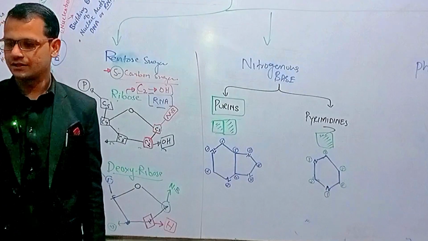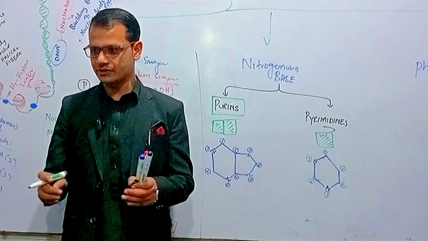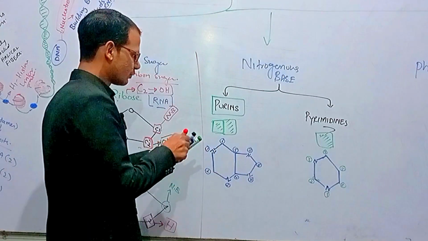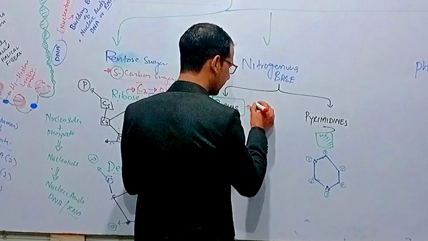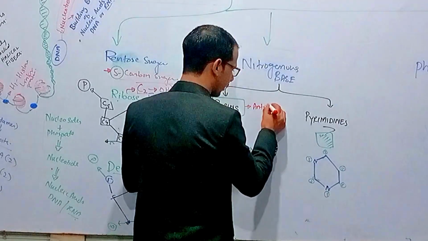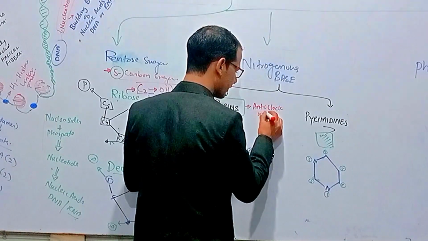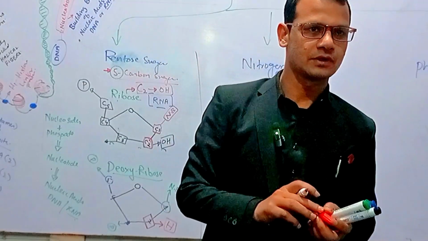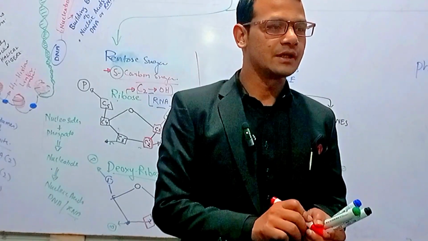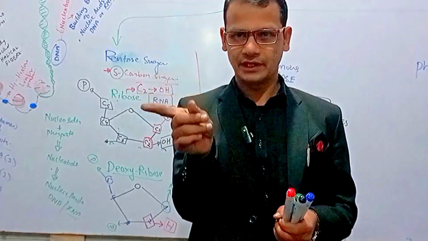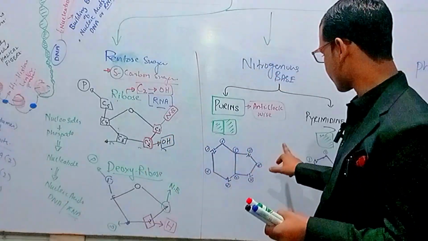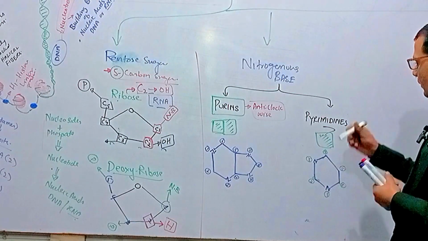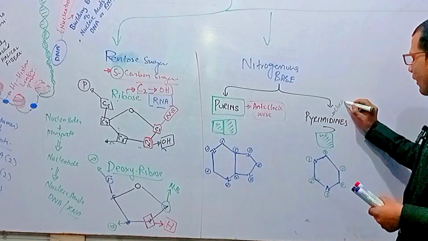This is clockwise counting. This is the internationally accepted method of counting the carbons. In purines we count anti-clockwise, the opposite direction of a watch. In pyrimidines we count the carbons clockwise.